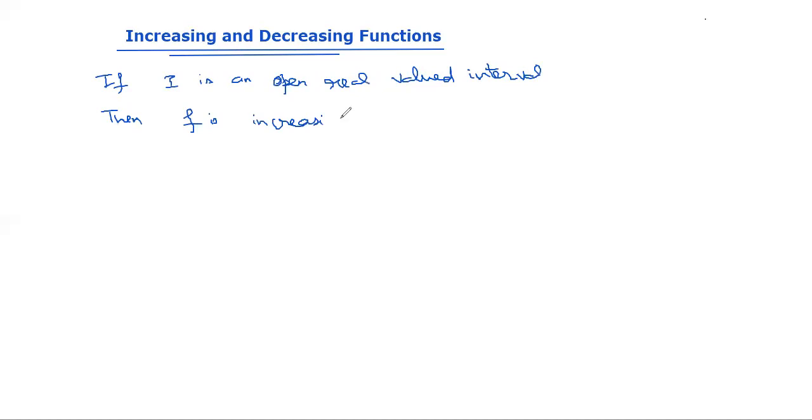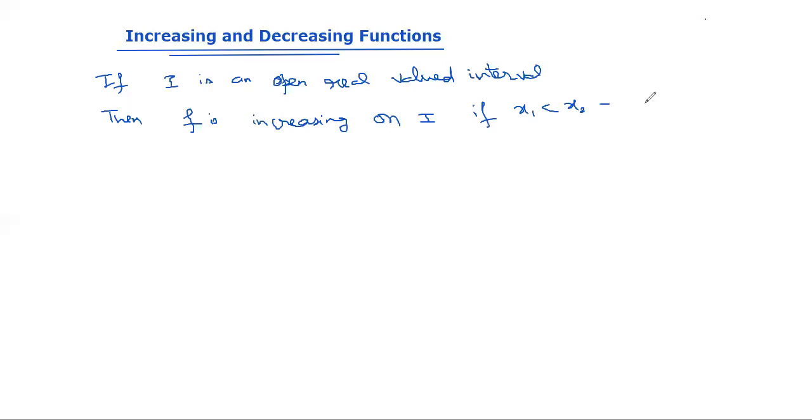Today we will learn increasing and decreasing functions. If I is an open real valued interval, then the function f is increasing from the interval I if x1 is less than x2.